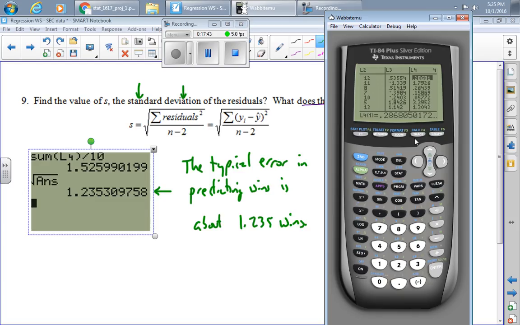It's a measure in units of the problem, in units of the y, how wrong I am typically. And in this case, 1.235 wins is how wrong I am. So hopefully that helped going through all the different components to finding linear regression and analyzing your work from there.